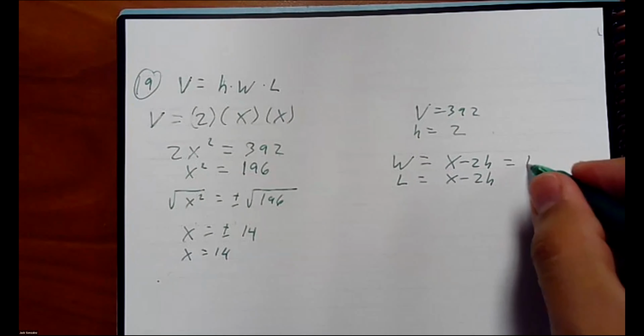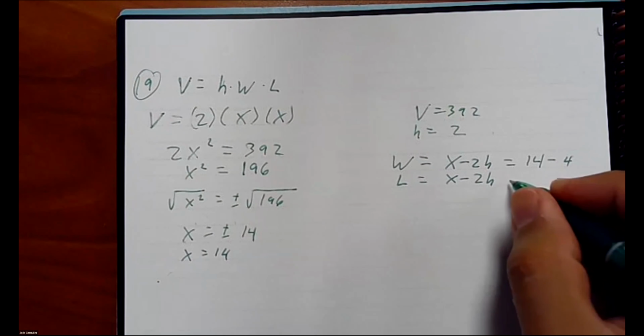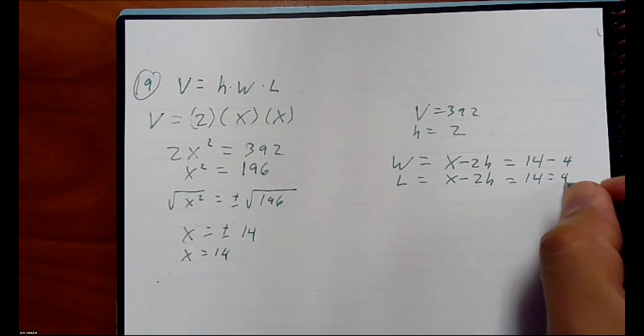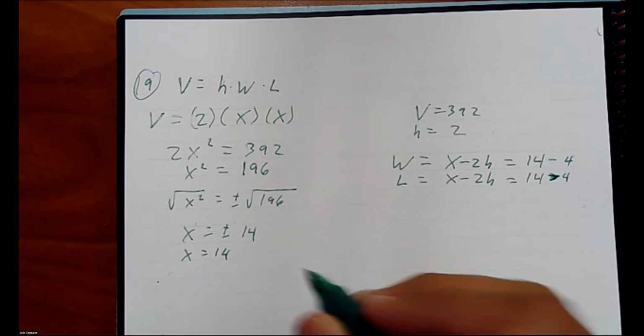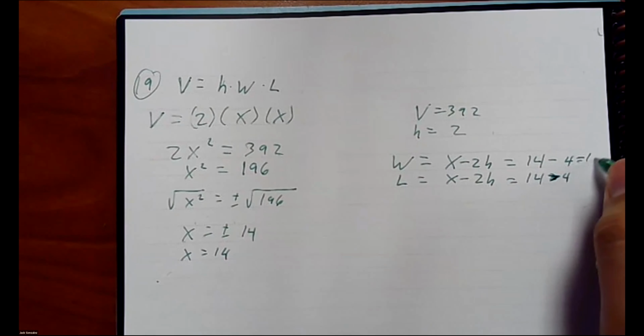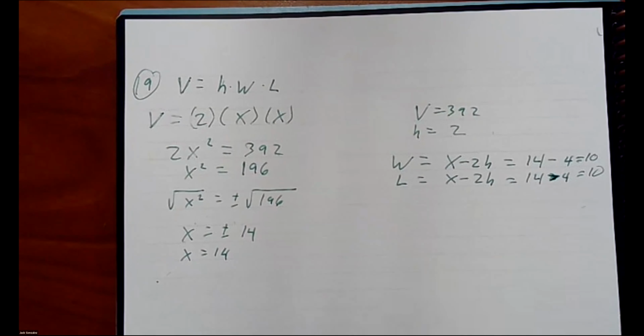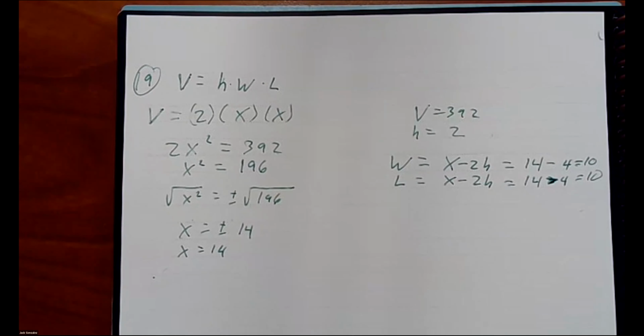So we would have 14 minus 4, so 10. 10 by 10. Does that make more sense? Because I think I was overdoing it.